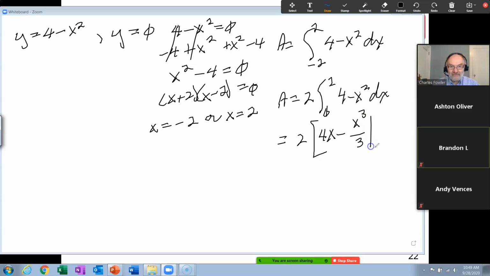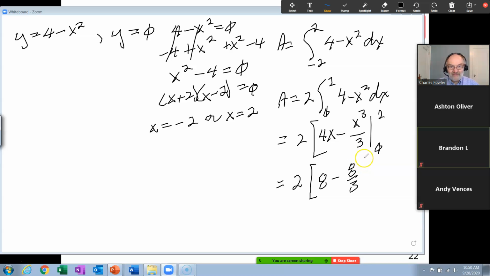Just done that not long ago. Evaluated from 0 to 2, but doubling that. So this will be 2 times, plugging in the 2 here gives you 8, minus, plugging in the 2 there is 8 thirds, and plugging in the 0 you get nothing.